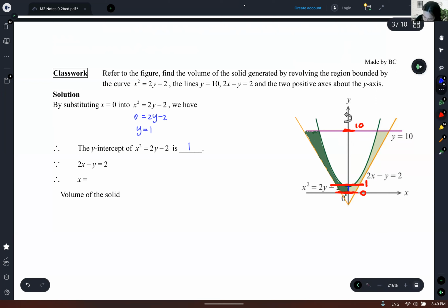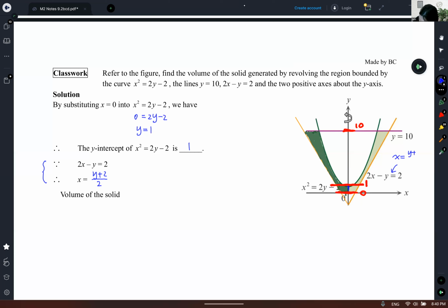For this part, I need a change of subject because later on I'm going to use x squared. And right now it's written in 2x minus y equal 2, and that's not in the subject of x. So this one is changed to x equal y plus 2 divided by 2. I need a subject of x.